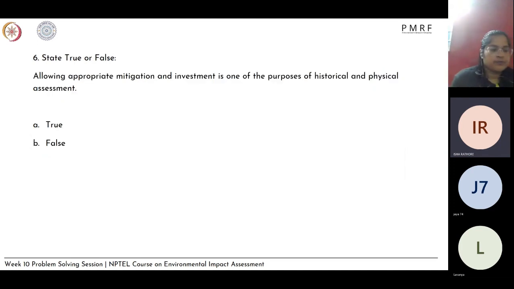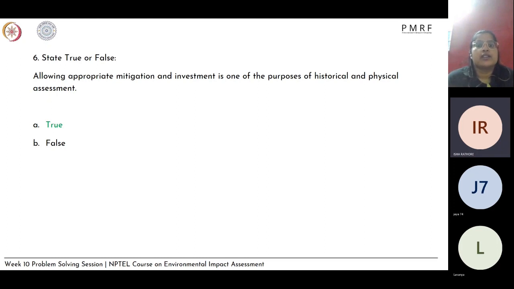And false. Okay, so we looked at this in the purpose for doing a historic heritage impact assessment, cultural heritage assessment, and so this statement is true.